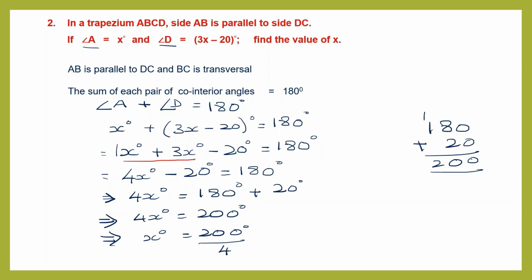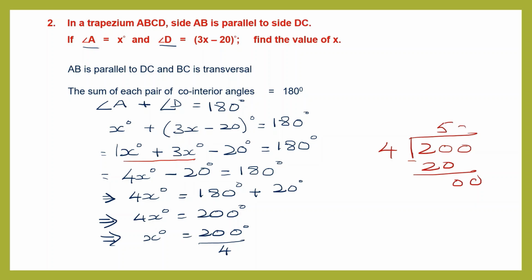So let's divide 200 by 4. So 200 divided by 4, 20 is there, we'll take 20, 4 5s are 20, minus, then let's take the 0 up, that's 0. So 4 into 50 is 200. So this means that x degrees is equal to 50 degrees. So the answer is 50 degrees.